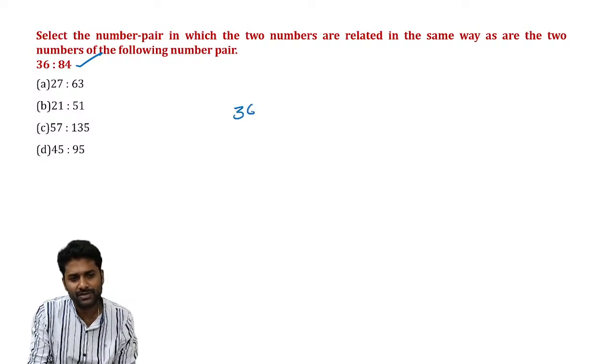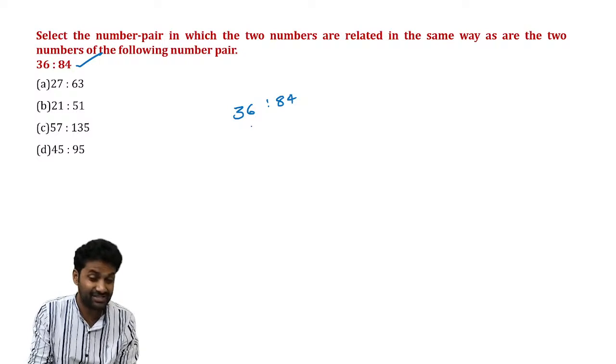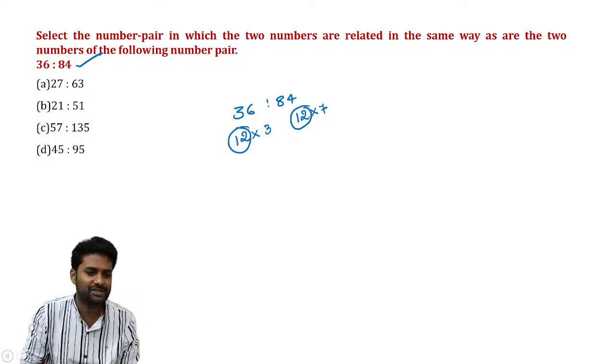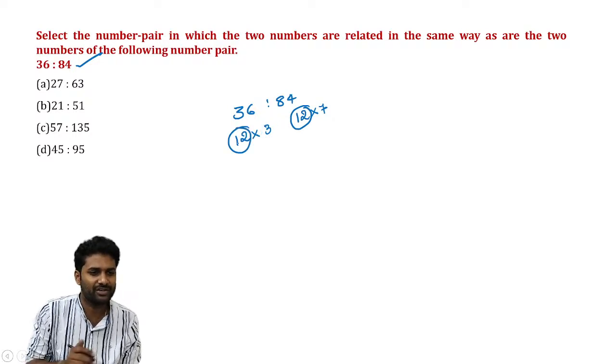Guys, if you observe these numbers, 36 and 84, the highest common factor is 12. It means, see, 12 is multiplied by 3. We have a common factor 12. 12 is multiplied with a 7. So, if you observe both the numbers, 12 is the highest common factor. 12 into 3, 12 into 7.